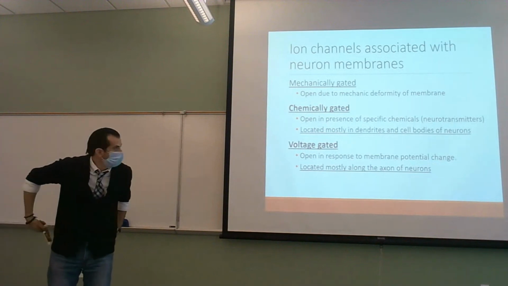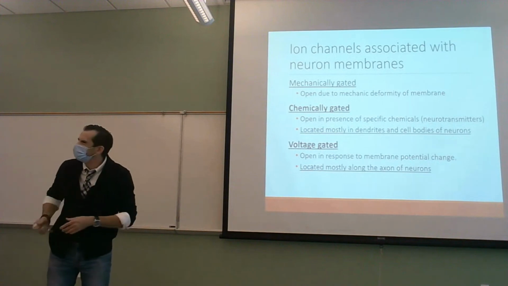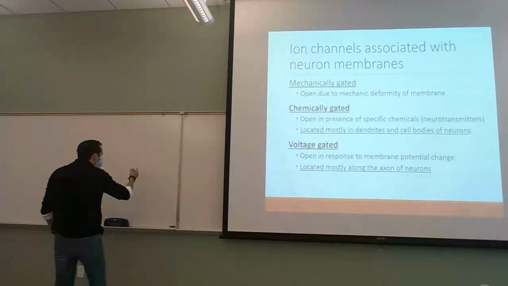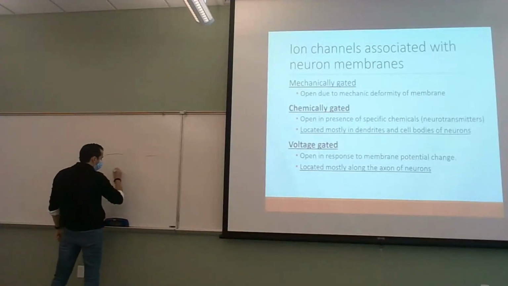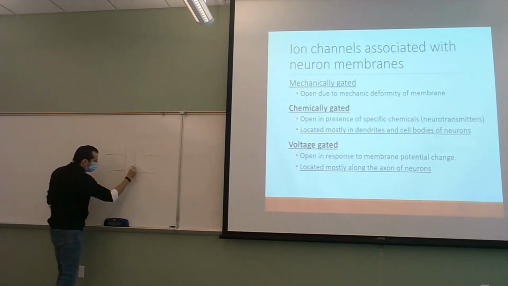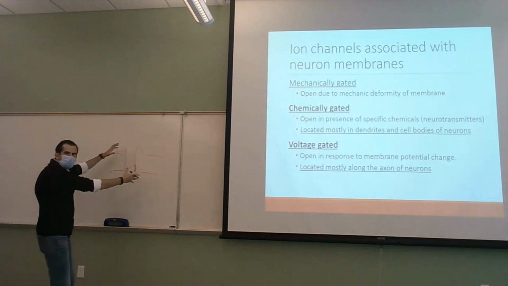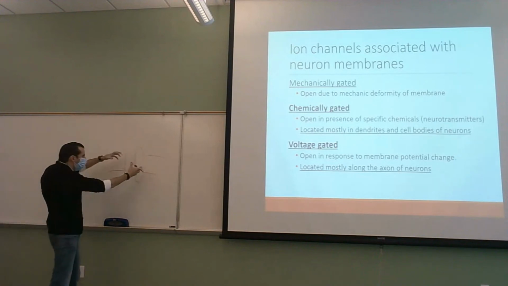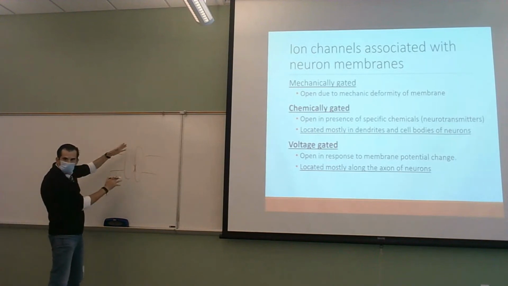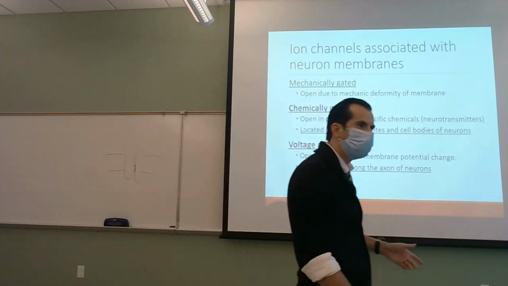If you remember back to when we did transport, there were a couple of slides with illustrations of what these channels are, right? Let's draw this one being closed. These ends are touching. If we took this membrane and physically distorted it, it could open up that channel and let solutes pass through, right?